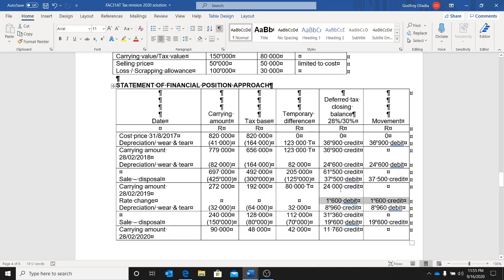Okay, so as you go on doing this calculation, remember these ones will give you movement. What is the movement? It's your movement. Right, now let me show you, let me use 1 year. Maybe let me use this year here.